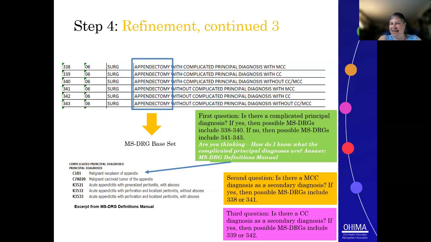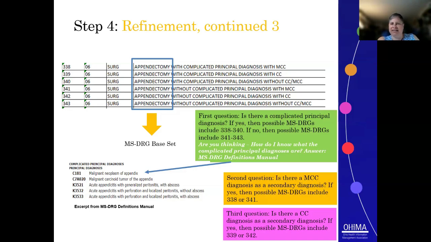Because complicated for appendectomy isn't necessarily complicated for another procedure. So we go back and look in the MS-DRG definitions manual, and here we can see listed the 5 diagnosis codes that are considered complicated for this MS-DRG.